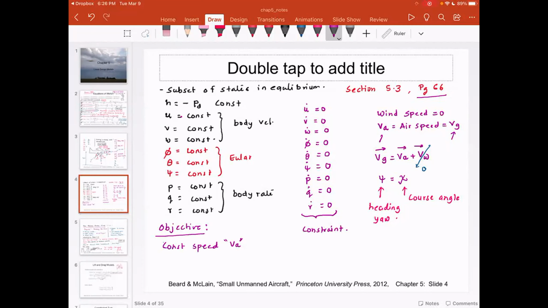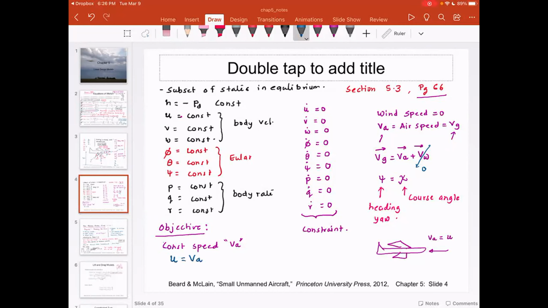Out of U, V, and W, if you have an aircraft that is going like this, VA has to be equal to U. So the first piece of information that we know is that we want U equal to VA.